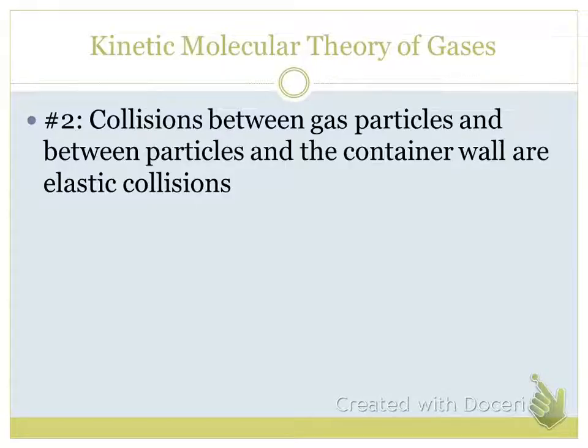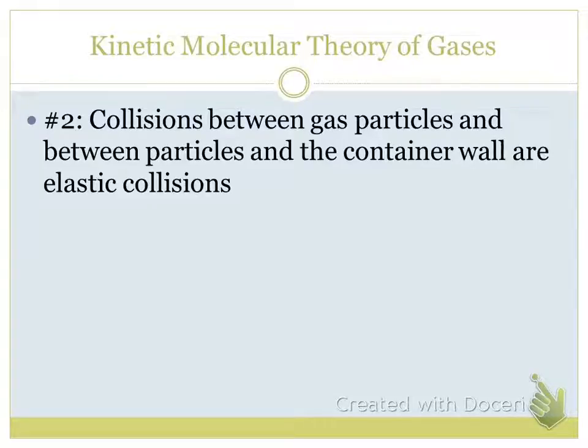Okay, so these types of collisions between gas particles and the particles and the wall are what we consider elastic collisions. And in physics, we'll learn about elastic collisions. Okay, we just happened to get through that in both of our physics classes. Elastic collisions are collisions where things collide and then bounce apart. So just like we described earlier, we've got collisions between particles in which they collide and they bounce apart.